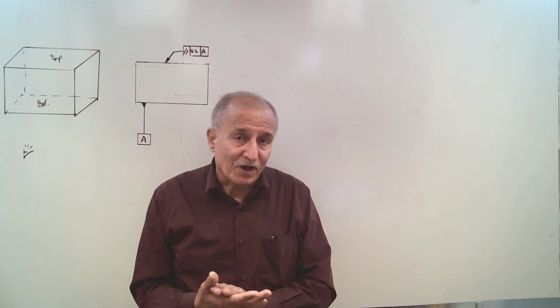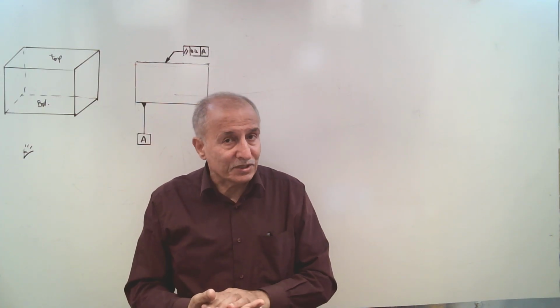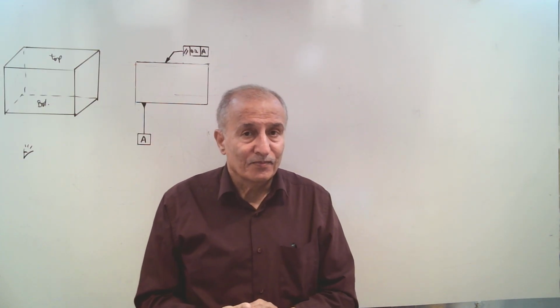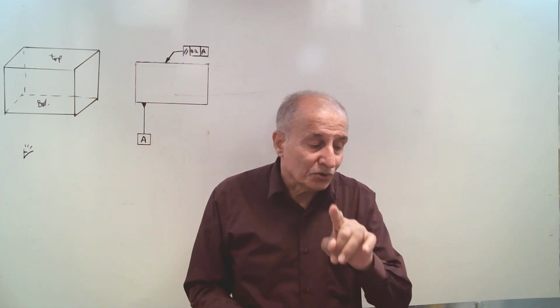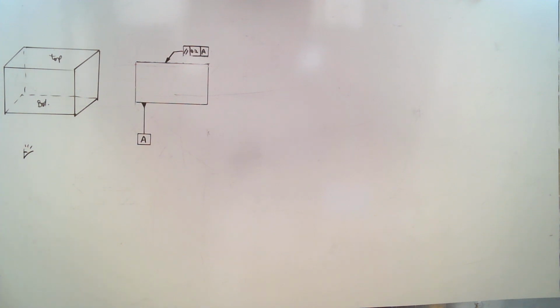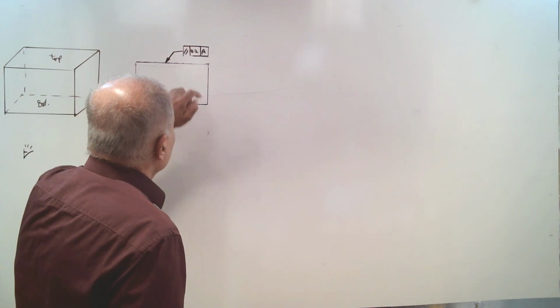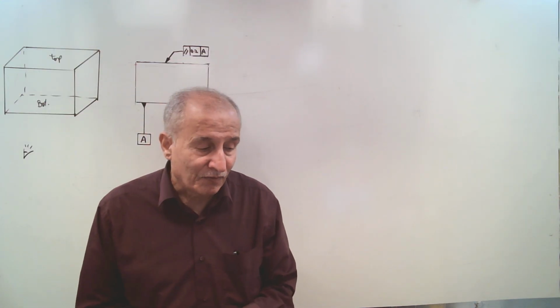We can use a modifier for orientation. And the only modifier that you can use here for parallelism, when it is applied to a planar surface, is the T modifier.